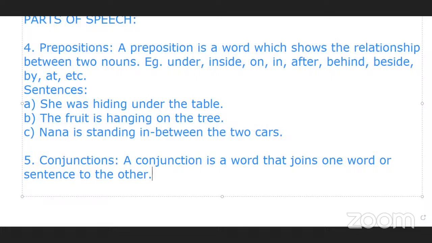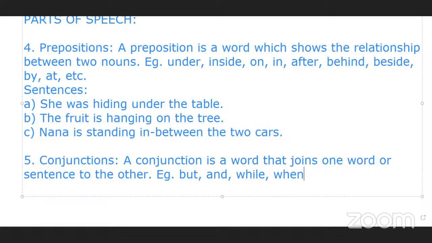So let's give some examples. Some examples of conjunction. So you gave some, what did you say? I said but. But. B-U-T. And. Why. When.